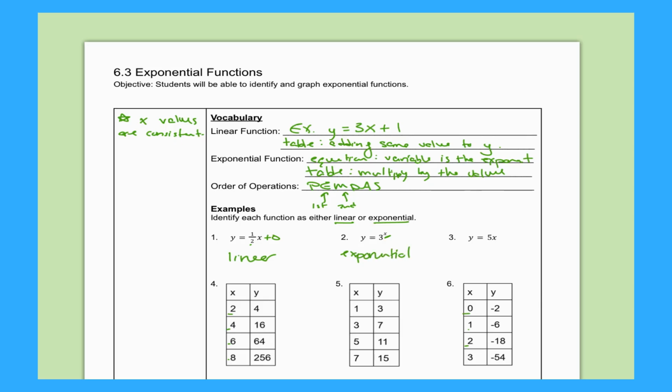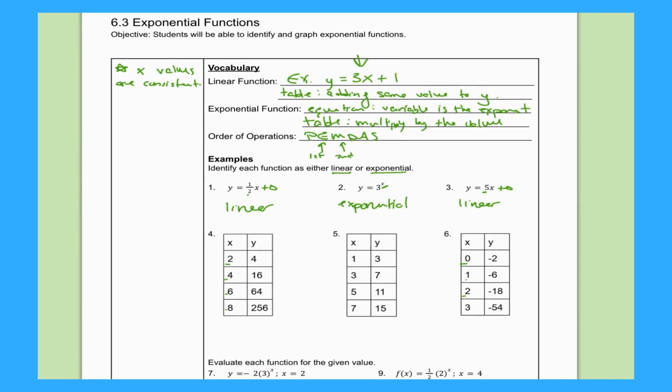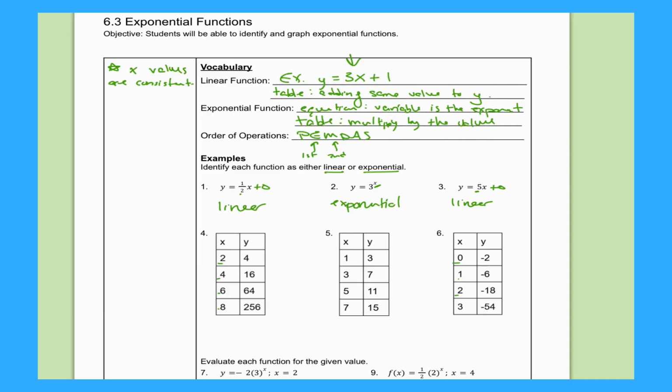And then number 3 is another linear, because again it looks very similar to that linear example that we wrote up here, where it's some number times x, and again this would be plus 0. So pretty easy to tell for the equations. And instead of remembering both, if you just remember that if the exponent is the variable, it's exponential, the other ones then would be linear, especially with these directions. It's got to be one or the other.